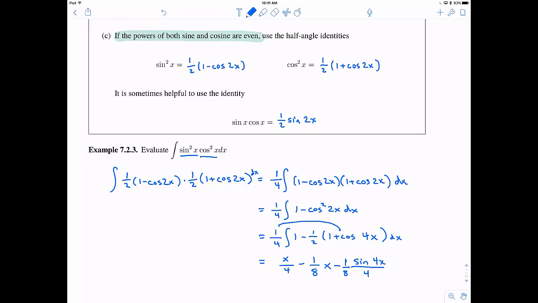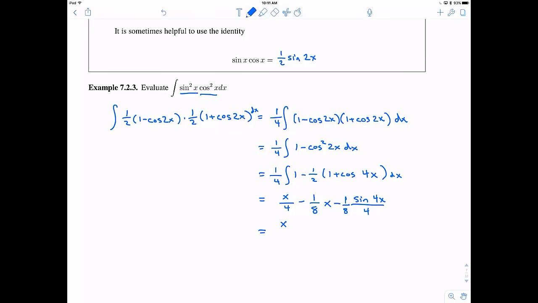All right, so now let's simplify one last time, right? So this is when I got all the distributing here. 1/4 times negative 1/2 gave me the negative 1/8. So let's do one more simplification here. So this is 1/4 minus 1/8, which is going to be 1/8 x, and then minus sine of 4x divided by 32, right? Because 4 times 8 is 32.